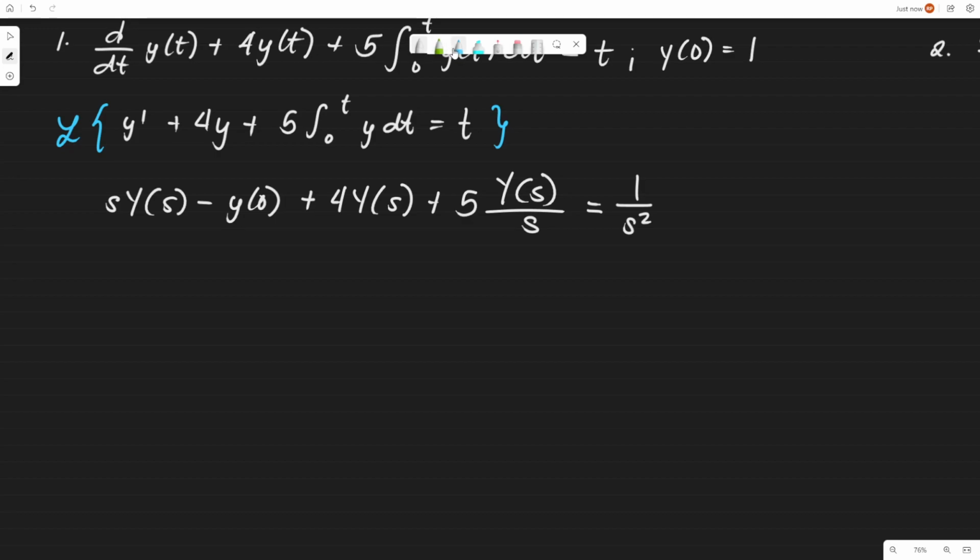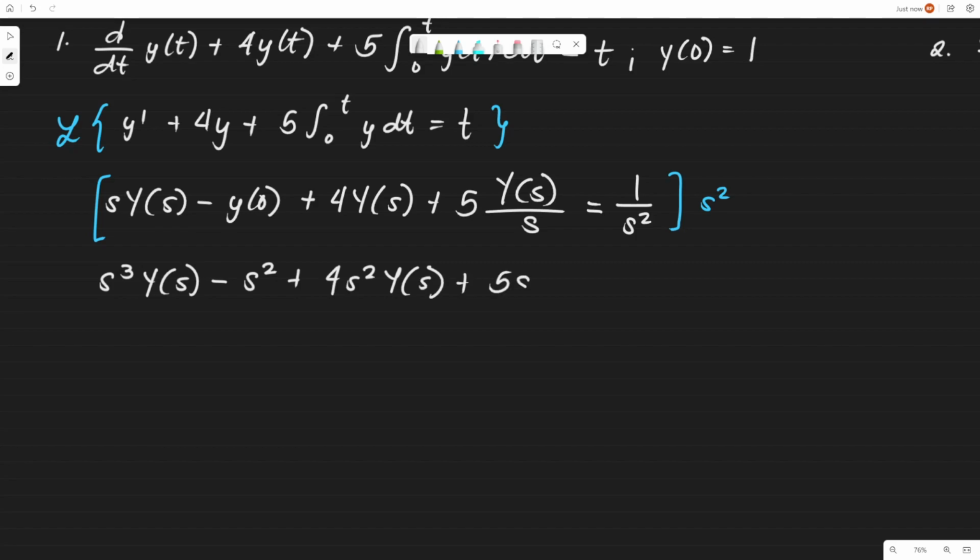Okay? So let me multiply, no, to simplify the equation. Let me multiply the LCD s squared. So we will have s cubed y of s minus our y of 0 is 1, so we have s squared, simply s squared, plus 4s squared y of s plus 5s y of s.